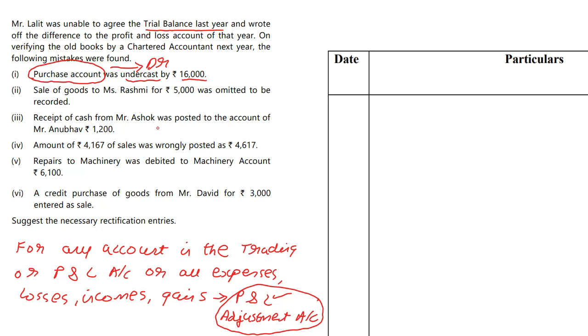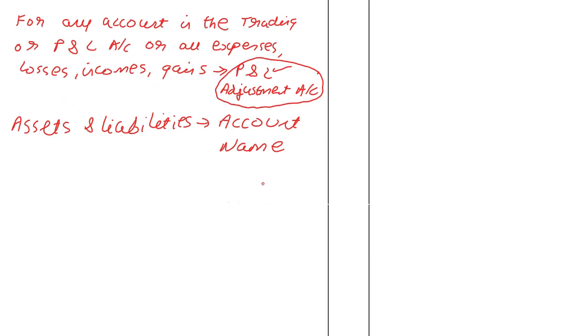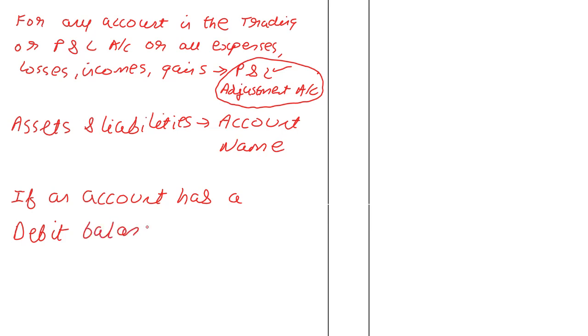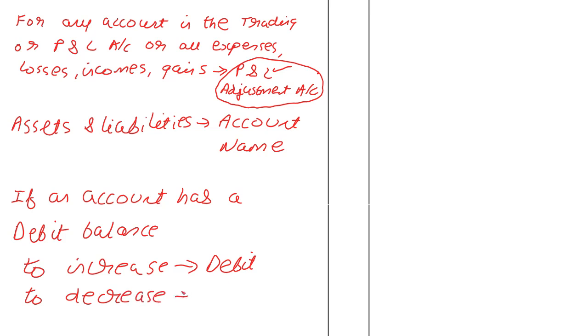Again, this is basics that we learn when it comes to rectification of errors. If an account has a debit balance, to increase, we debit, to decrease, we credit.